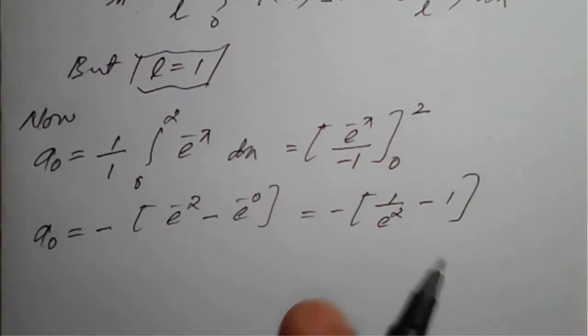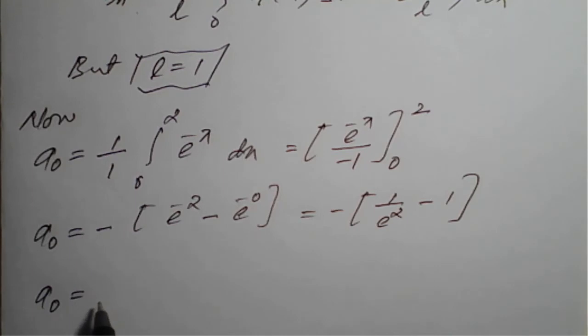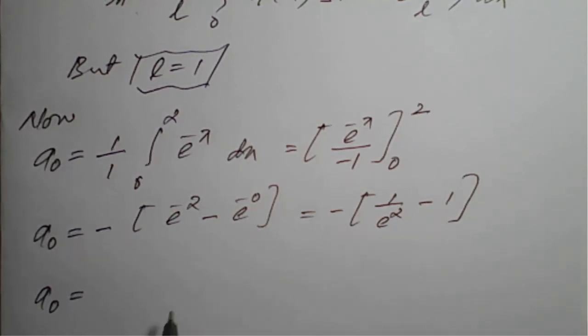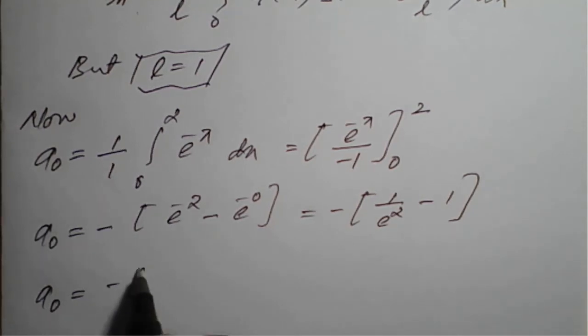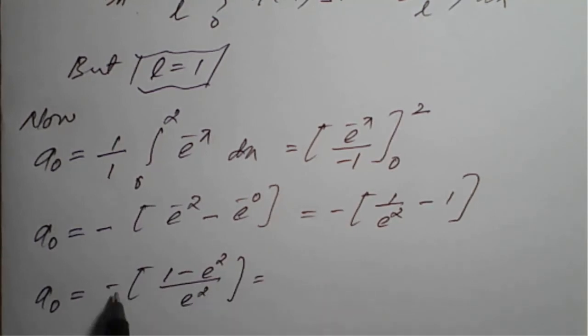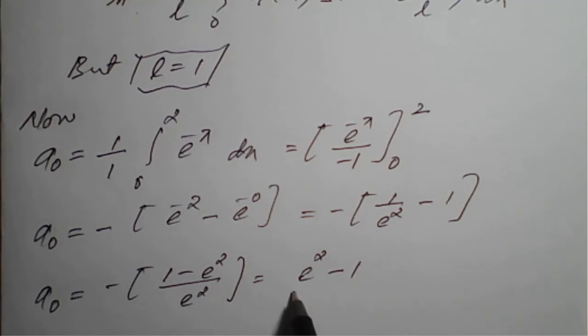So you can stop it here, or else I can say that a naught is equal to, on taking LCM and pushing this minus sign inside, it will become 1 minus e raised to 2 upon e raised to 2, or if you push the minus sign inside, it is e raised to 2 minus 1 divided by e raised to 2.